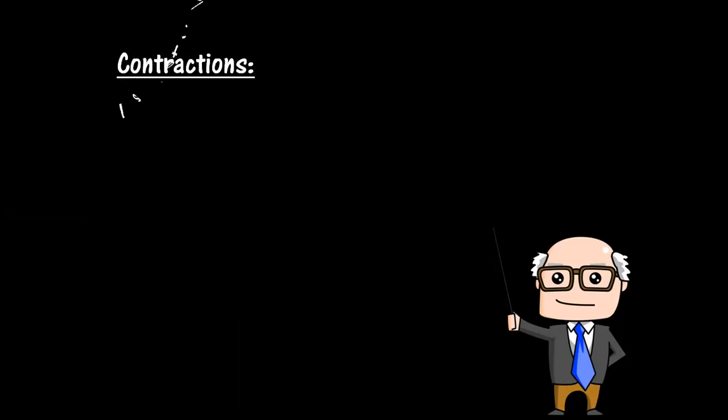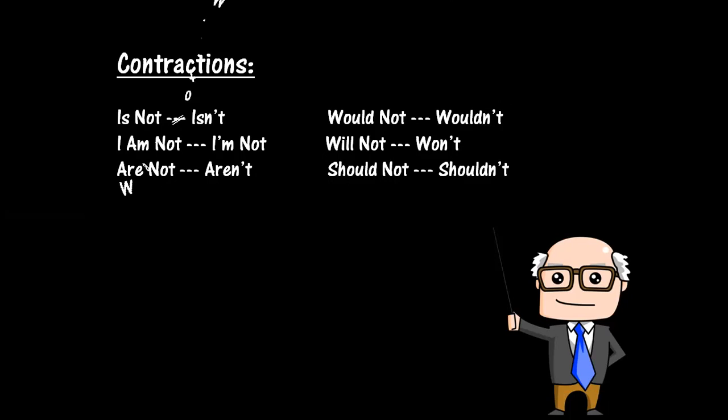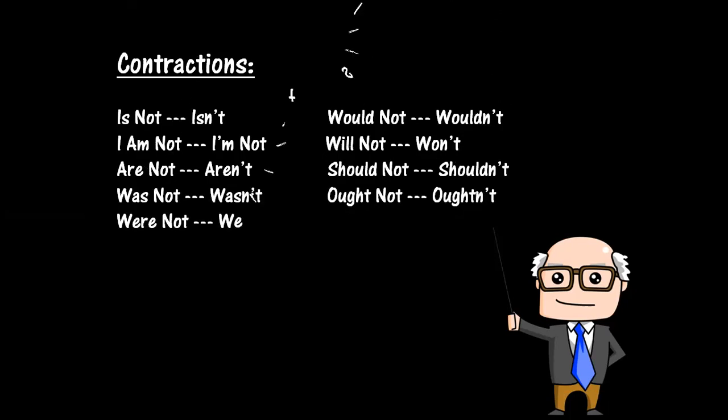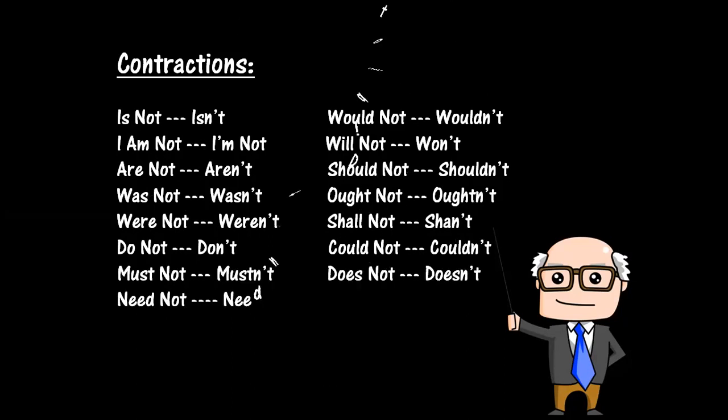Here are the contractions. Is not, isn't. I am not. Are not, aren't. Was not, wasn't. Were not, weren't. Do not, don't. Must not, mustn't. Need not, needn't.